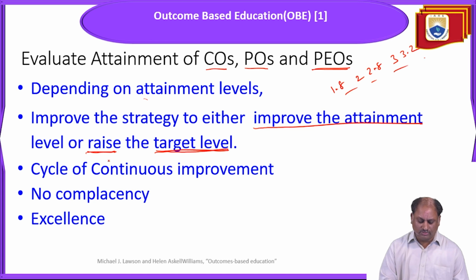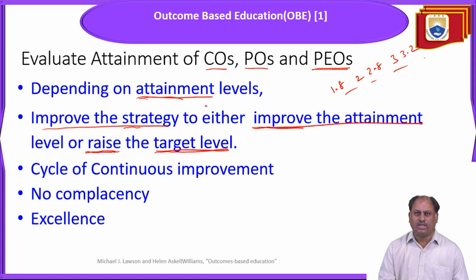We are going to raise it each and every time, and we have to improve the attainment of that particular course. That is called improving the corresponding strategy to further levels. So the first attainment level is to be maintained with the help of all the CO courses, and each time we have to improve that attainment level, and this process is nothing but a cycle of continuous improvement.